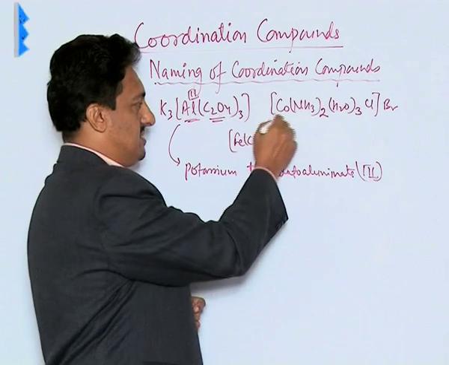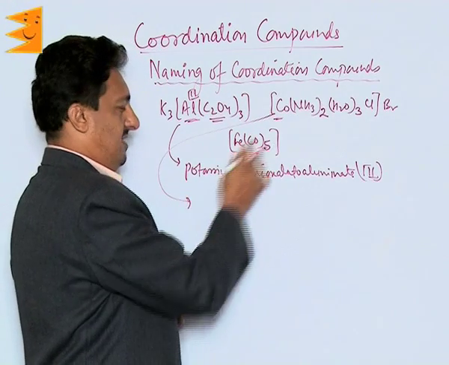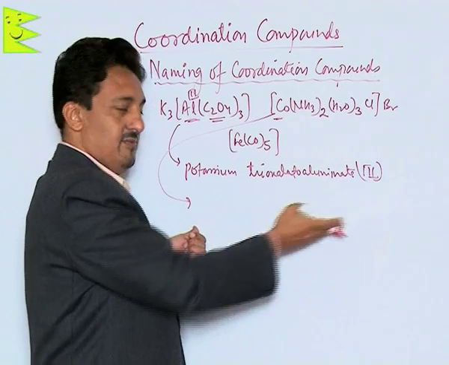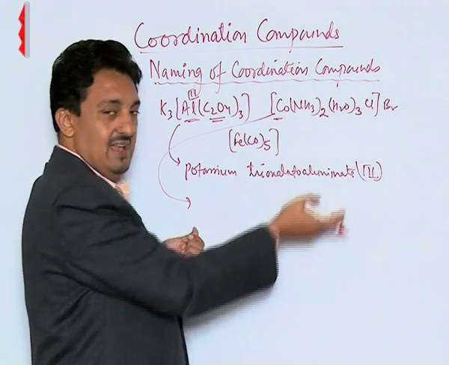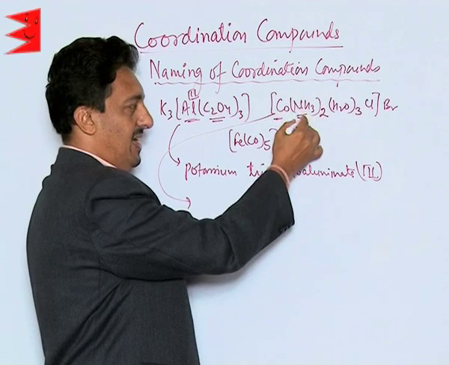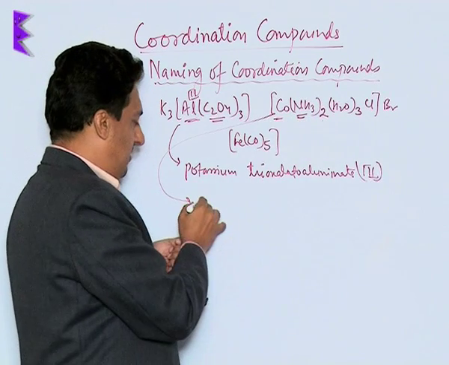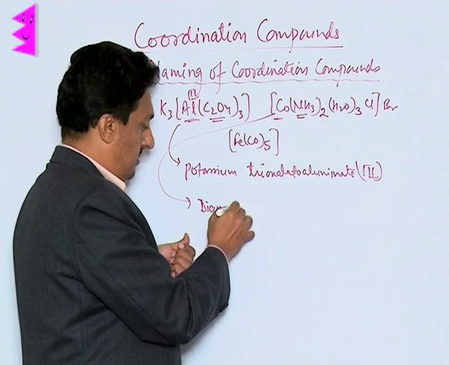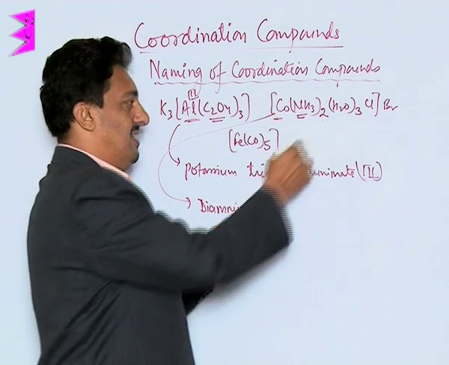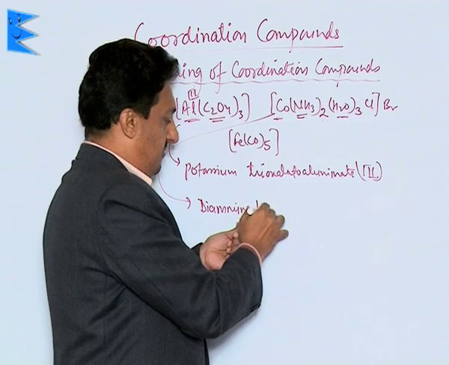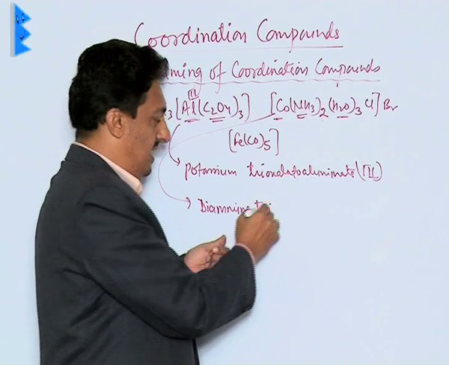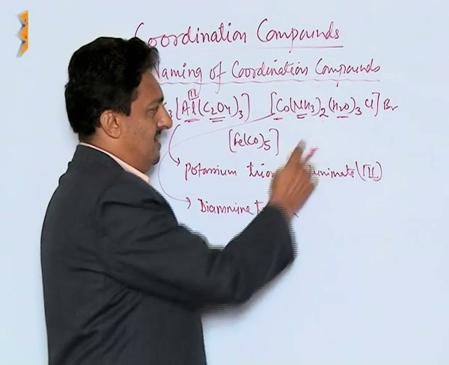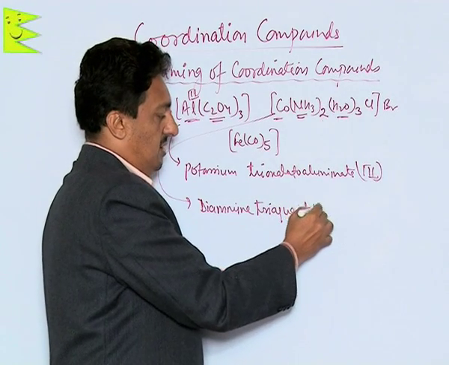Now let us see what the name of this compound is. Since its coordination entity is the cation, it has to begin with the name of the cation. It starts with the ligands. The first ligand is ammine, whose number is 2, so we will write diammine. Then we write this ligand's name, first indicating its number, triaqua, we call water aqua. Then we have Cl, which is called chlorido.